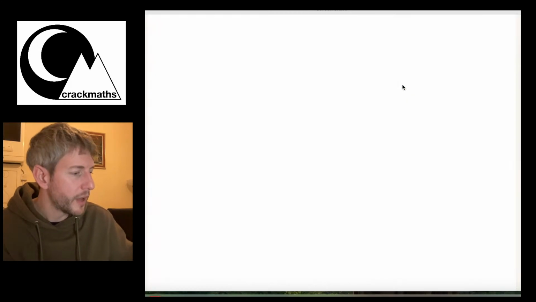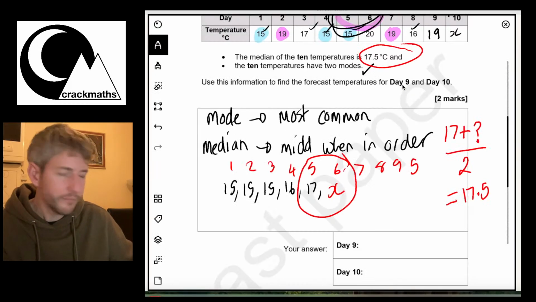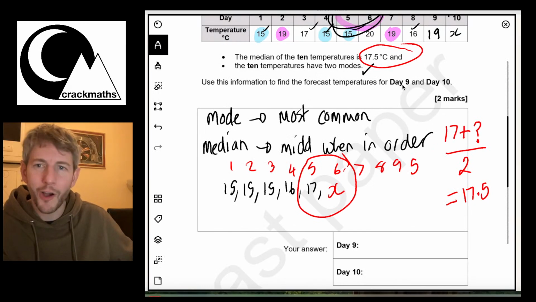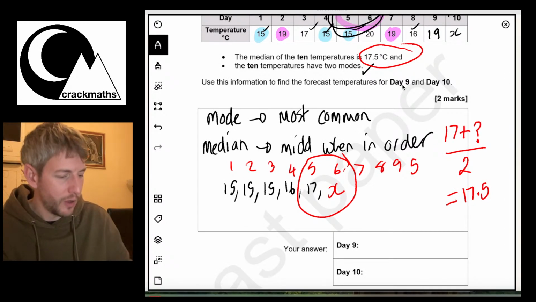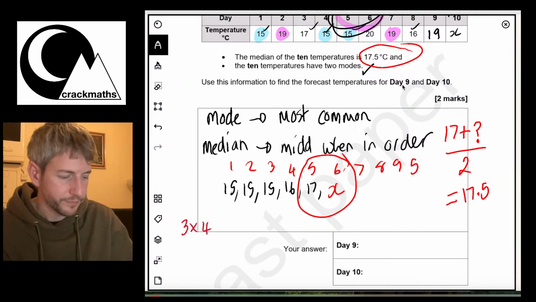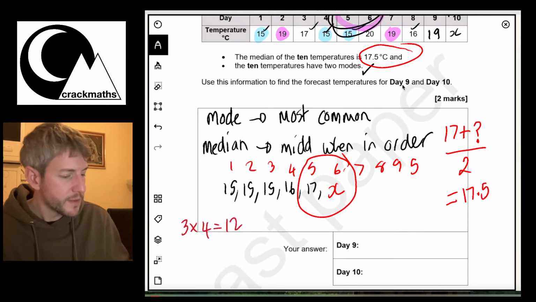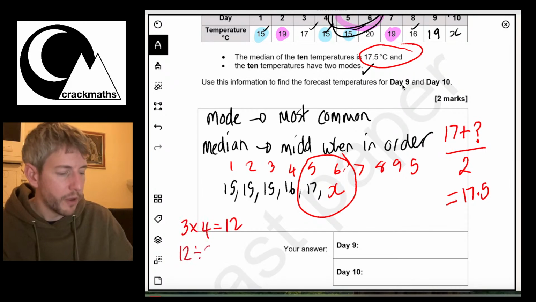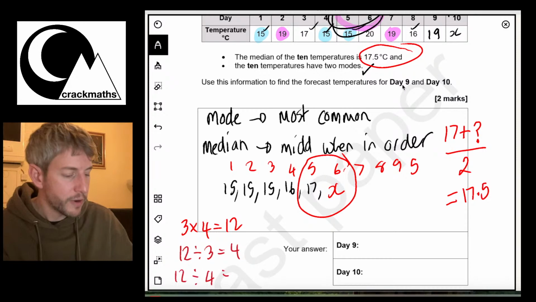So say, for example, I always use the example of 3 times 4 equals 12. So if 3 times 4 equals 12, 12 divided by 3 equals 4, and 12 divided by 4 equals 3.